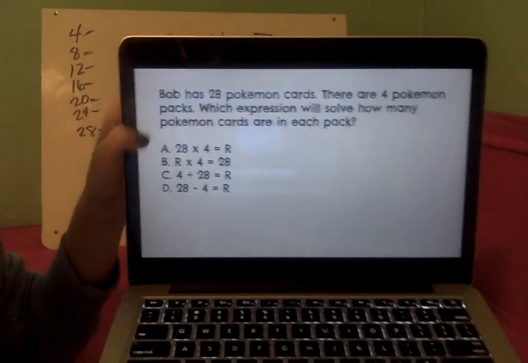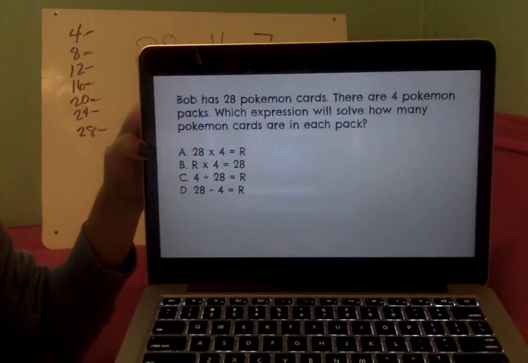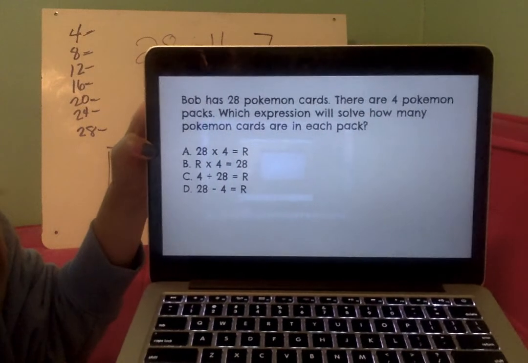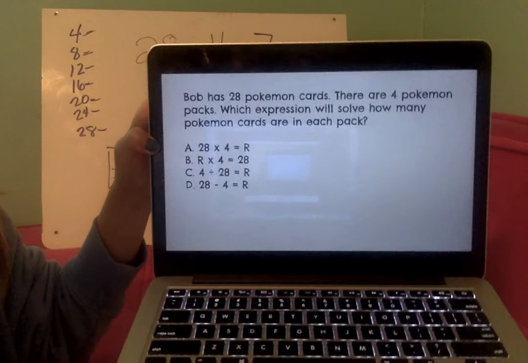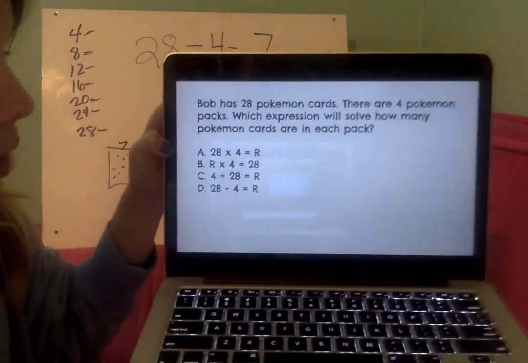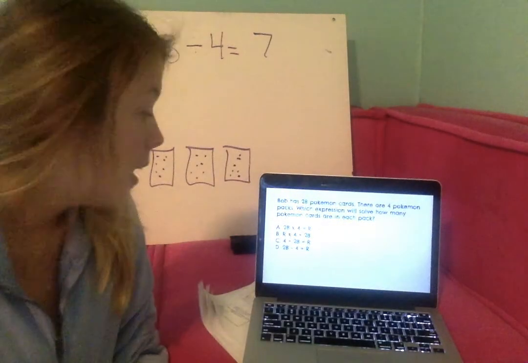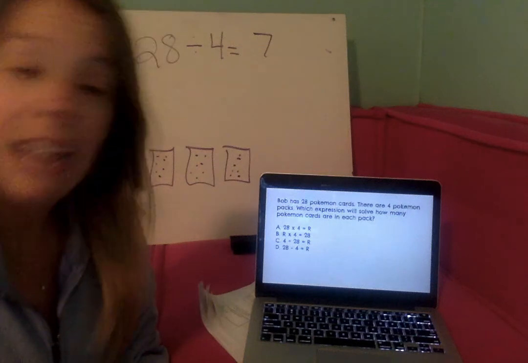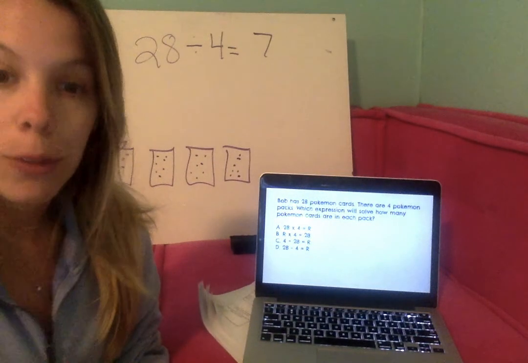Now, our answer choices are A, 28 times 4 equals R, B, R times 4 equals 28, C, 4 divided by 28 equals R, and D, 28 minus 4 equals R. I see one that has all the numbers that I would want in it. And it's one that a lot of you will pick.